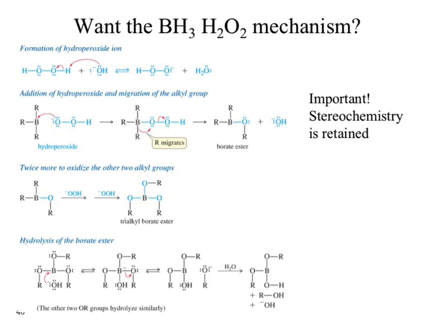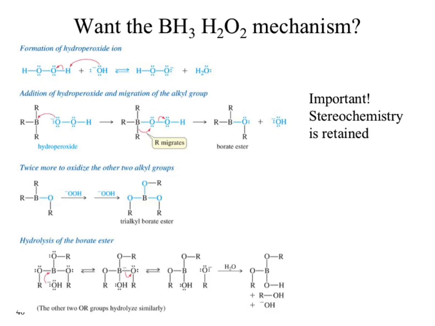we can look at the full, gory, detailed mechanism behind it. What I've shown you has been kind of hand-wavy and not technically correct, but it gets you to the answer relatively quickly. Whereas the full-on mechanism is a little bit more detailed than I talked about. If you want the full mechanism, both our textbook and the slides have it.